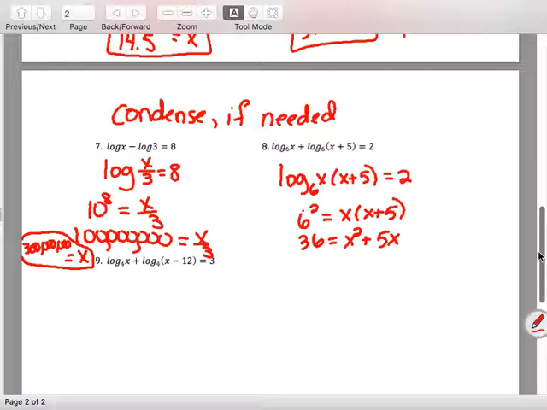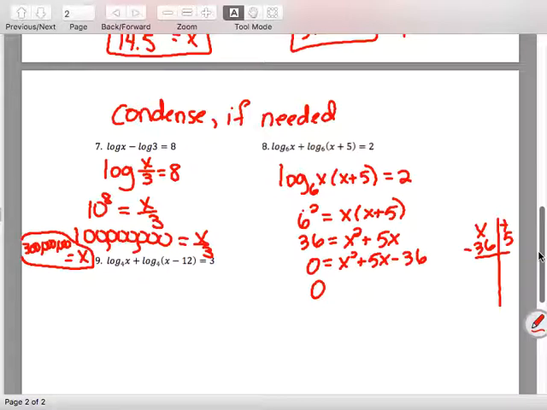Now, when you get an equation, and this is going to help you since you're going to take the ACT tomorrow, if you have an x squared, your first plan is to get everything on one side equal to 0 and try to factor it. If it doesn't factor, what tool do we have in our tool belts? Quadratic formula. So you do need the quadratic formula on the ACT. I'm trying to find two numbers that multiply to negative 36 but add up to 5.